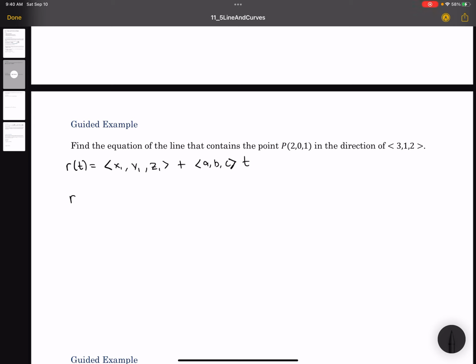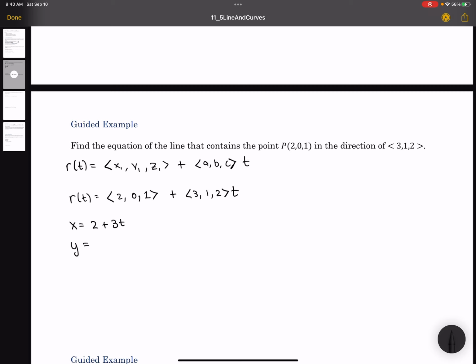So for us, r of t is going to equal, x1 is 2, y1 is 0, z1 is 1, and we're going to add 3, 1, 2, t.